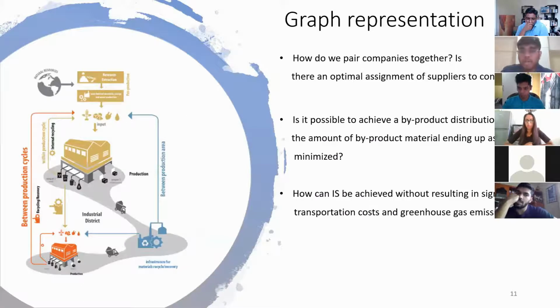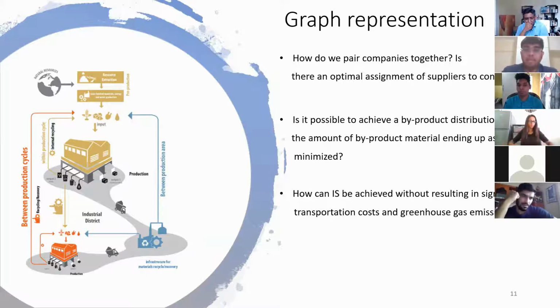So these are the questions that we can pose. How do we pair companies together? Is there an optimal assignment of suppliers to consumers? Is it possible to achieve a byproduct distribution in which the amount of byproduct material ending up as waste is minimized?